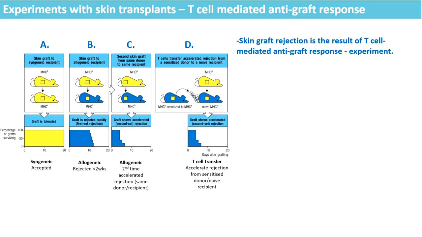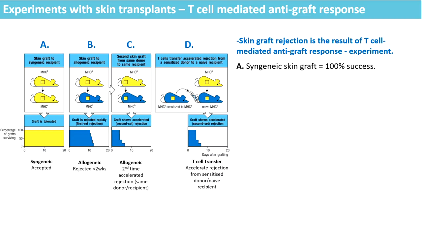And continuing on with these experiments, this helps to reinforce the fact that graft rejection involves T cells, so we've got a T cell mediated response in rejection. Over here on the left we have the same diagram that I showed you on the other side.